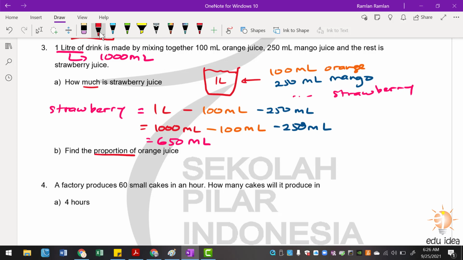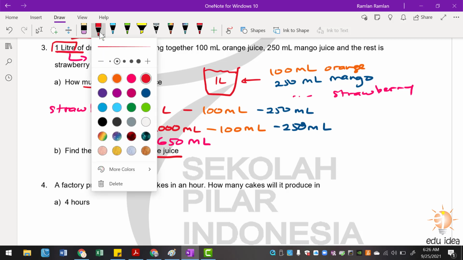Find the proportion of oranges. So proportion here means that, because we know that in this question, the one that is given to you is the total, right? The total volume of the drink. So you are going to compare the orange juice with the whole drink.